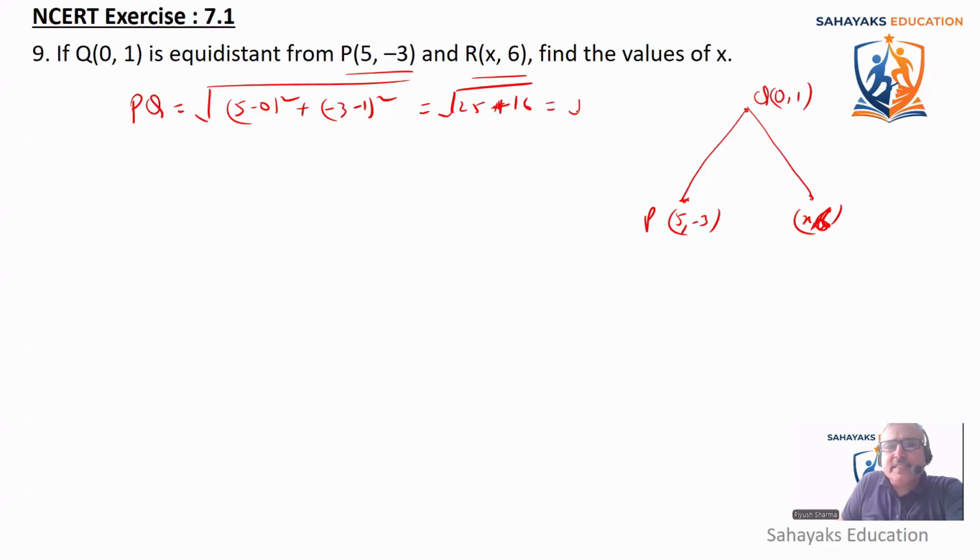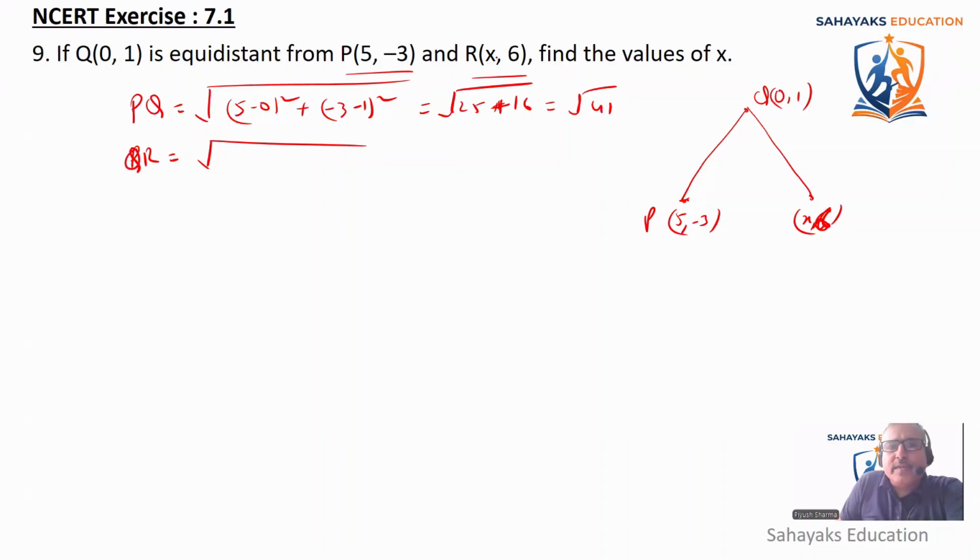So 25 plus 16 is equal to square root of 41. And let's find out the value of PR. Not PR, we're finding RQ, or QR.